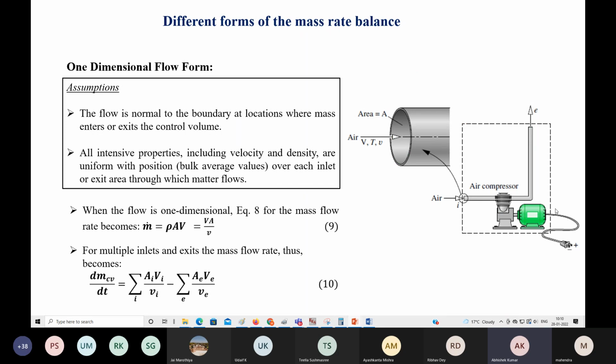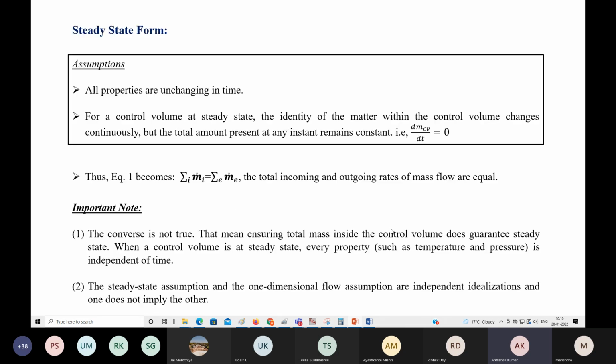In a similar way, for any application like that, whatever is entering and whatever is leaving, in terms of that we have derived this conservation equation. The mass conservation equation is very simple.